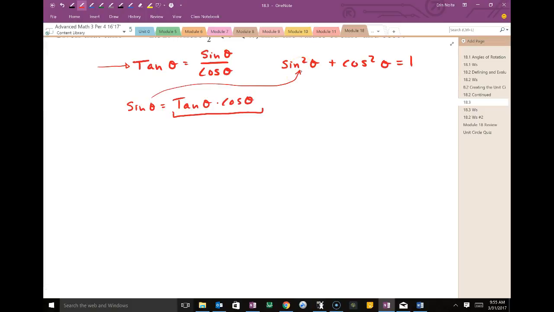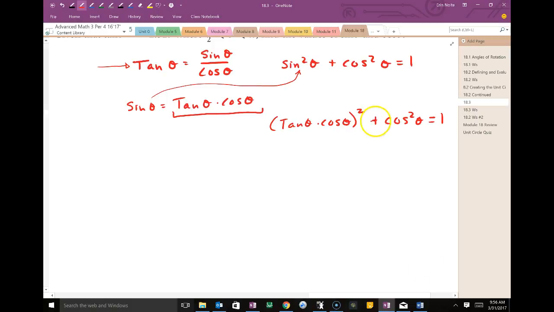Instead of writing sine, I'm going to write the tangent times cosine, squared, plus the cosine squared is equal to 1.